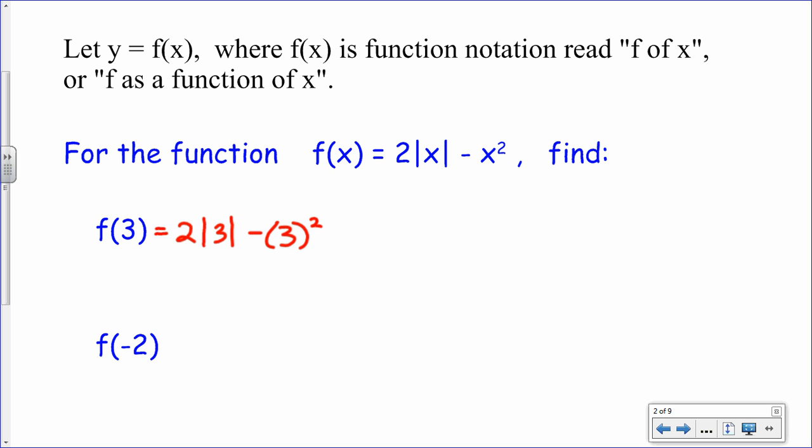Okay, so you don't want to make little calculation mistakes here, so you might want to use your calculator. Now, absolute value, that's not on the scientific one, so you'll have to actually work that part out. The graphing calculator, it's under math, and if you go over to number, then it's the first choice.